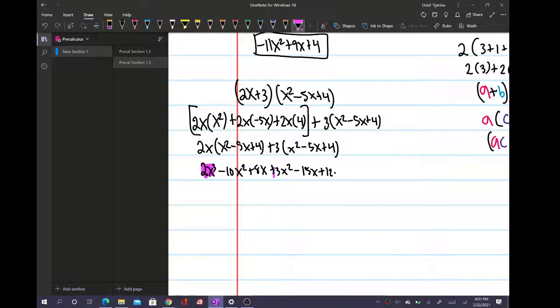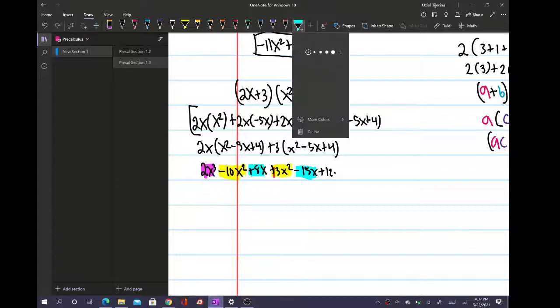So then you only have one 2x cubed term. The other ones would be negative 10x squared and 3x squared, and then another one would be 8x and negative 15x, and then you are just left over with a 12, right?